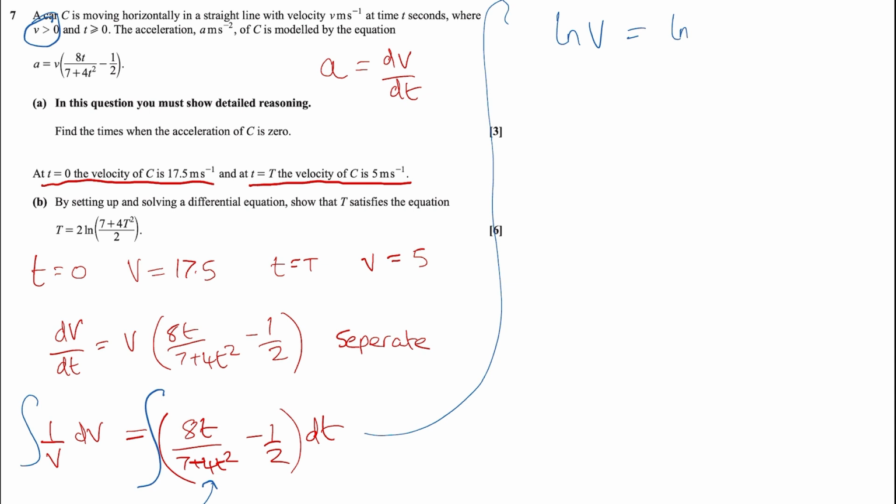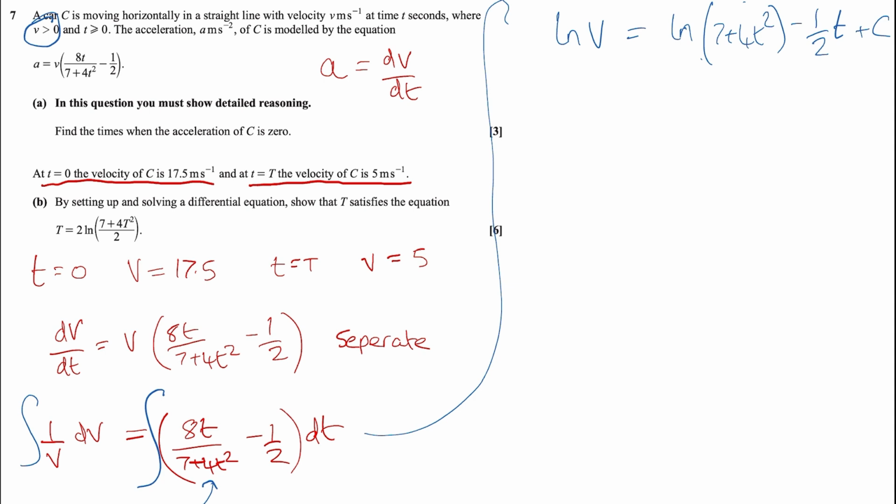We're going to get the natural log of... sorry, my bad. It's not the natural log of 8t over 7 plus 4t squared, it's just the natural log of the denominator. Like so, that's better. And then minus a half just goes to minus a half t, and then we've got a plus c. We only put a plus c on one side because if we do both sides, it'll just get absorbed into one anyway.